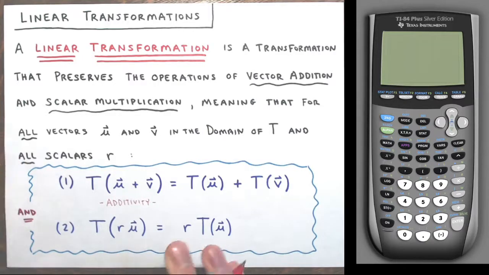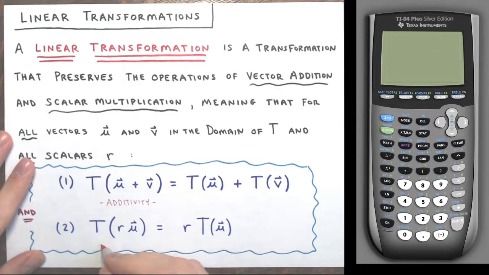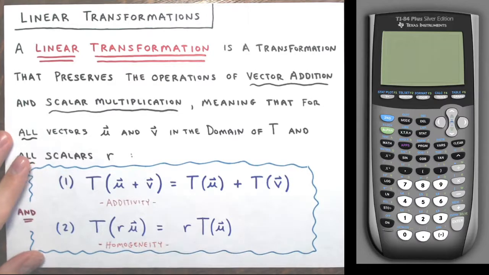Meaning that, again, preserving scalar multiplication means you can multiply the vector by the scalar first and then apply the transformation to get the output, or you can apply the transformation to u first and then multiply by the scalar and you get the same result. This particular property is sometimes referred to as the homogeneity property. Okay, homogeneity and additivity are things that need to hold true for a transformation to be considered linear.